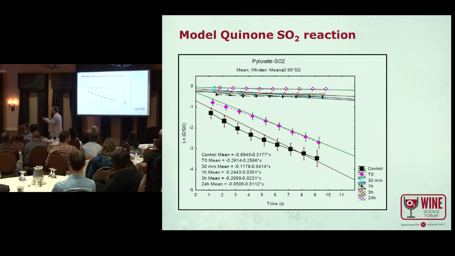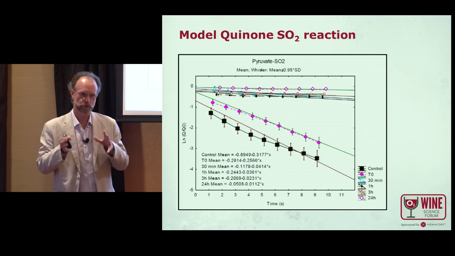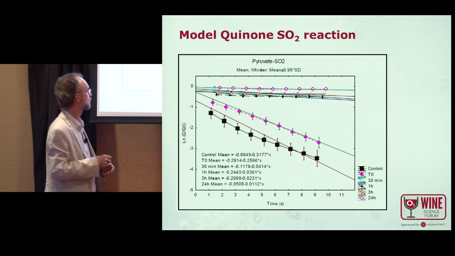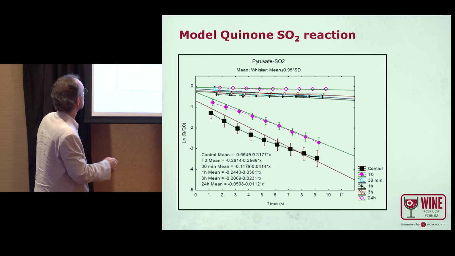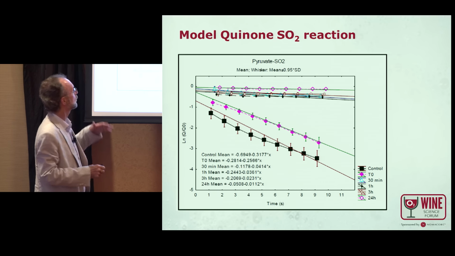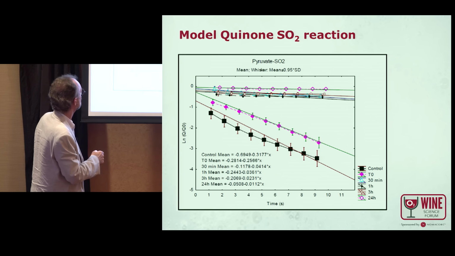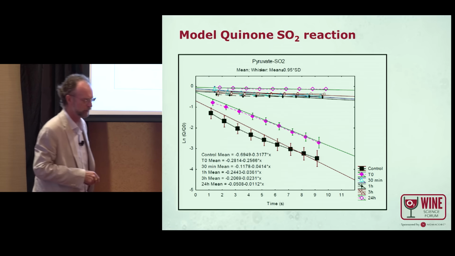We did some other experiments looking at the reaction of quinones with various nucleophiles. This is looking at the reaction of a quinone, which is an oxidation product, with SO2. Here's our control, and you can see the reaction proceeds nicely. We consume the SO2. Then if we add pyruvic acid, initially it reacts nearly as fast, and then the reaction really slows down.